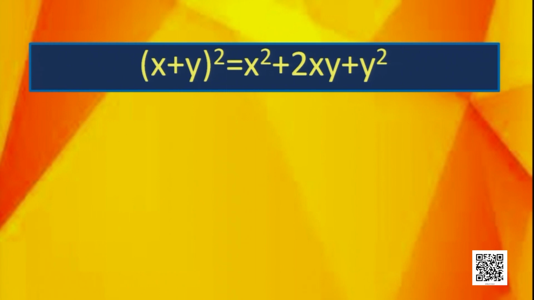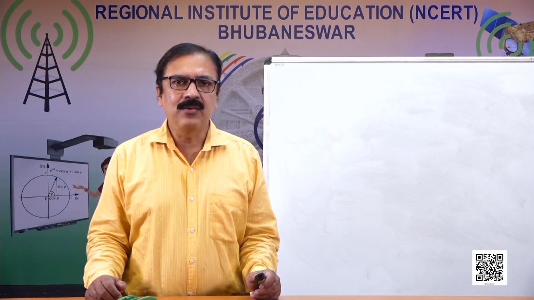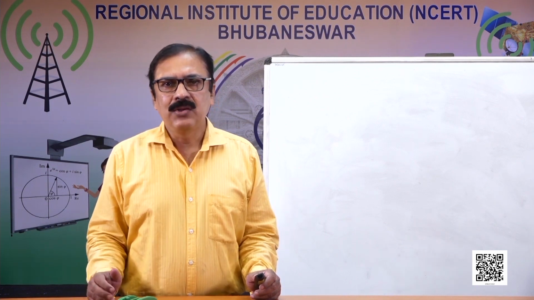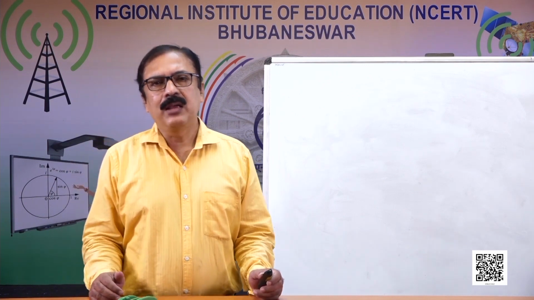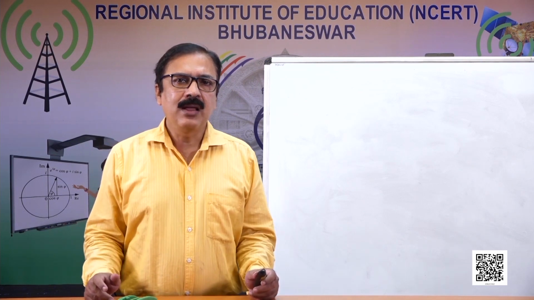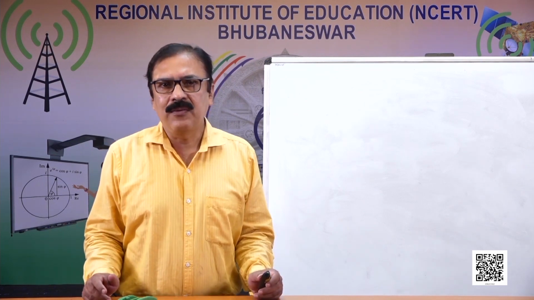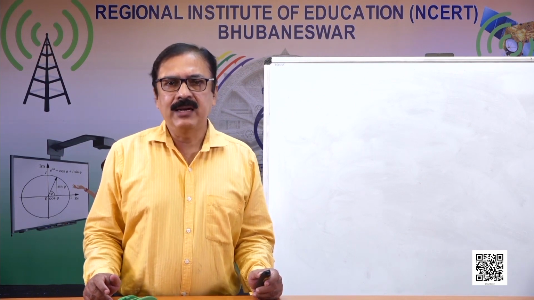If we put values of x and y on the left side, whatever result you get, if you put the same values of x and y on the right side, you will get the same value, and this will prevail for any pair of values of x and y. So these are called identities.